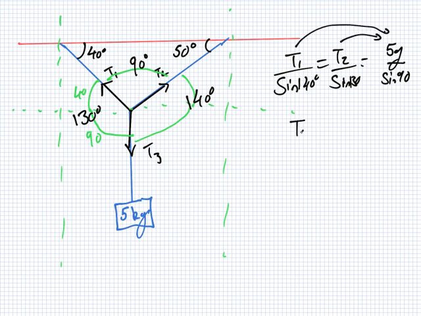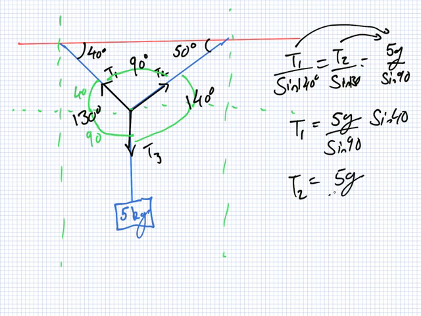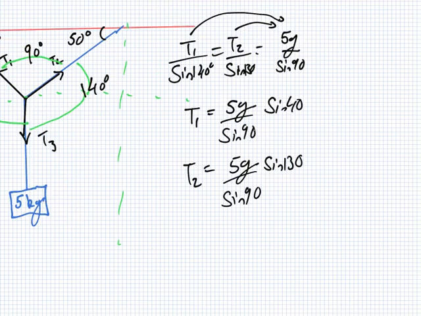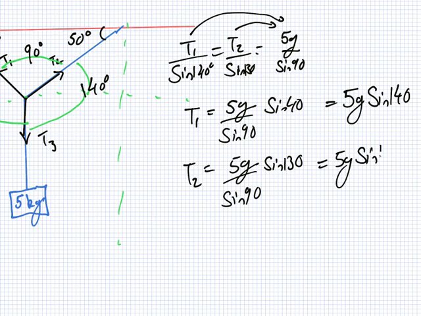So I can say T1 equals 5g over sine 90 times sine 140, and T2 equals 5g over sine 90 times sine 130. Sine 90 is 1, so we can write this as 5g sine 140, and this one here is 5g sine 130 degrees. And that's the answer once you put it into the calculator.